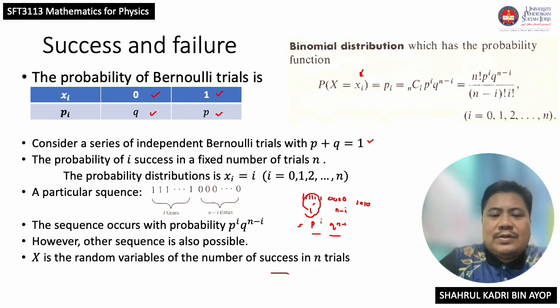It is equal to the number of combinations of sequences, multiplied by the success to the power of i, multiplied by the failure to the power of n minus i.